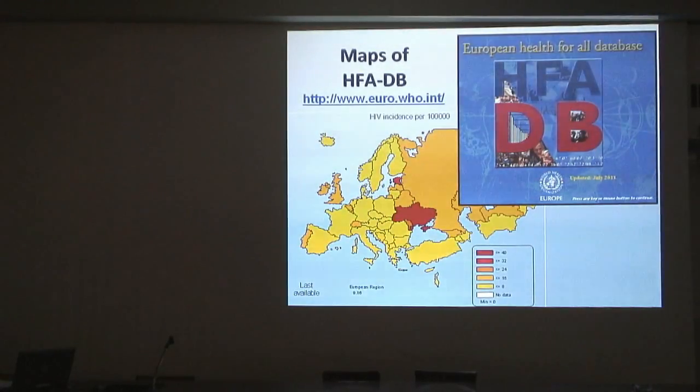There is a database of several hundred indicators, and this database produces thematic tables, graphs, and maps, and there is a map produced in the European Health for All database, HIV incidence in Europe, and I guess some of the same maps could decorate your presentation. But it's limited to Europe.